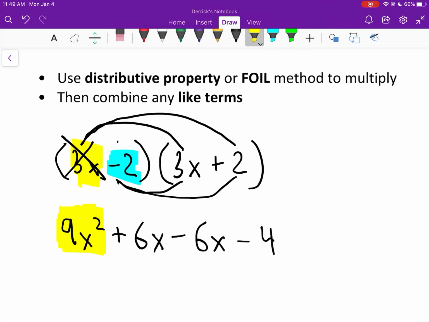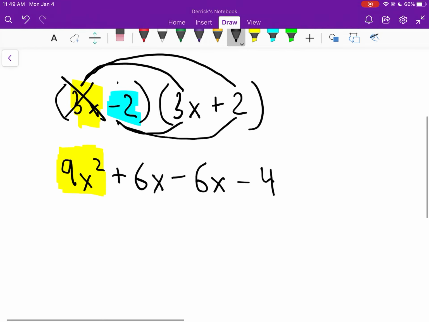So when we have a 9x squared, the only like terms I could combine that with are any terms that have exactly x squared. I don't see any other x squared terms here. So I have nothing to combine it with, which means I just rewrite the 9x squared as part of my final answer.